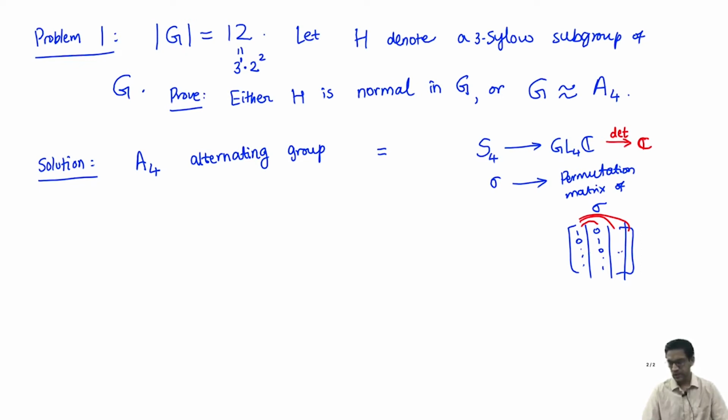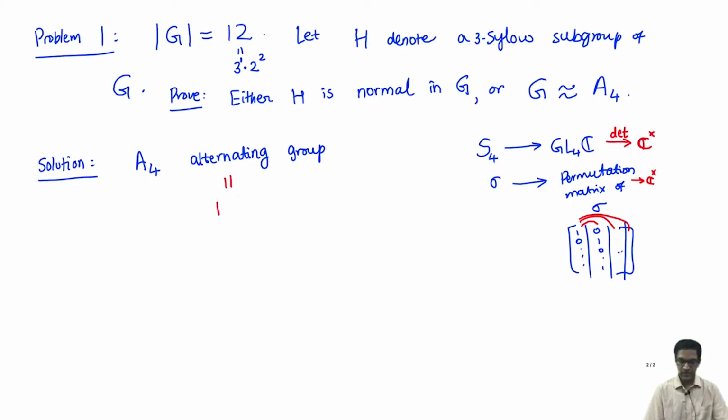The determinant is a map which takes an invertible matrix to a non-zero complex number, which I will denote as C with a cross on top, the multiplicative group of non-zero complex numbers. If you take the composition of these two maps, to each sigma you associate the determinant of its permutation matrix, so you get a homomorphism. So how did we define the alternating group?